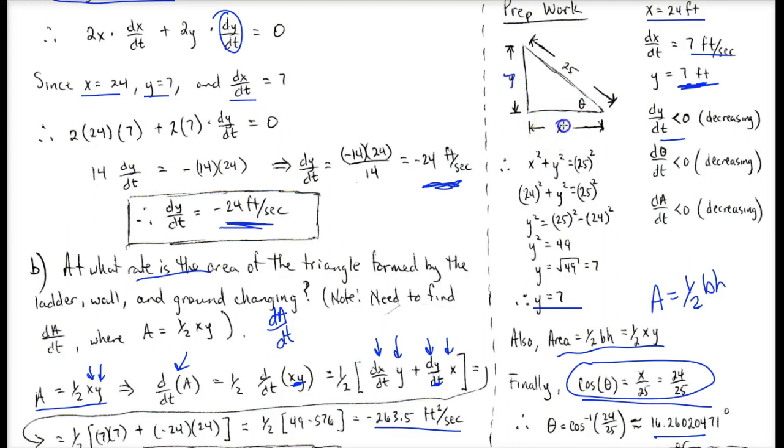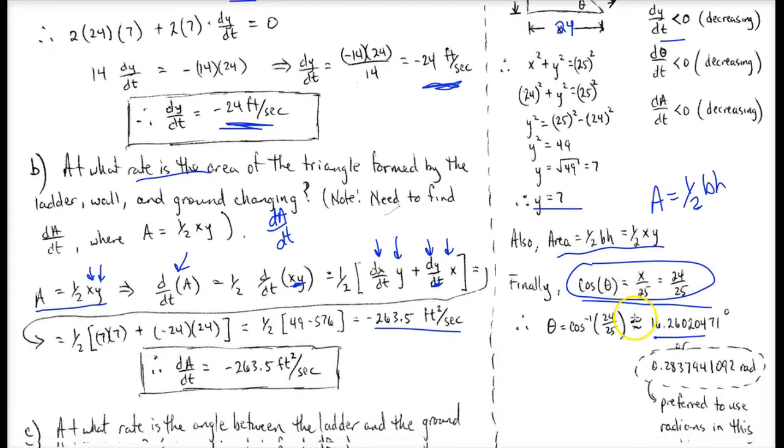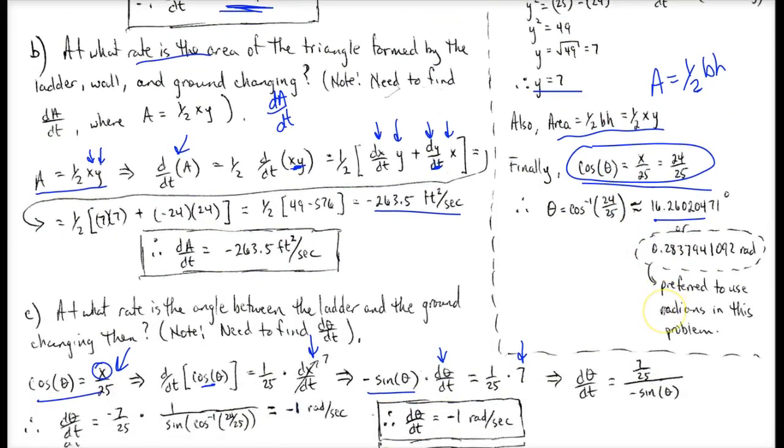So the 7 should be here and the 24 should be here. So sine of theta is just opposite over hypotenuse, which is 7 over 25. Looking at it that way, once we come back down here, instead of doing what I did here, all I had to do was say, all right, this is just 7 over 25. And since this is negative, we do that and we get -1 for our answer.